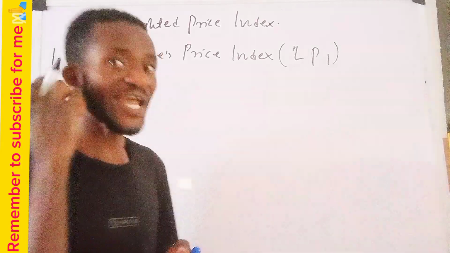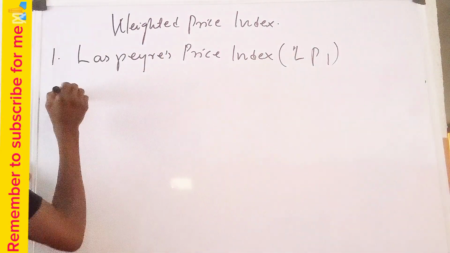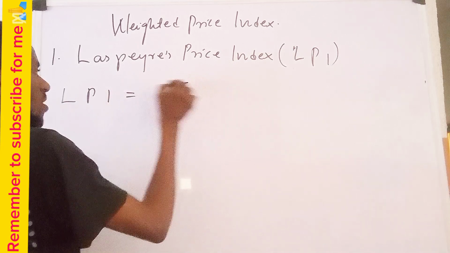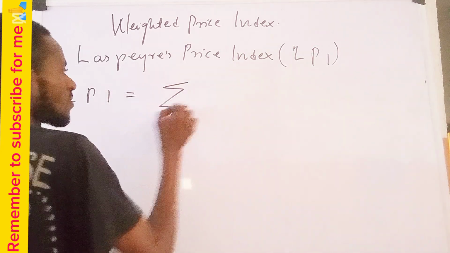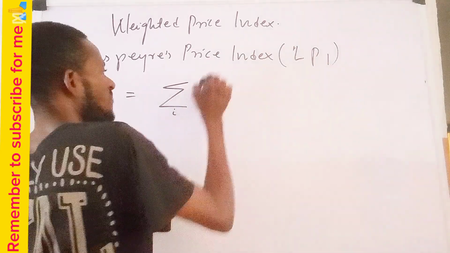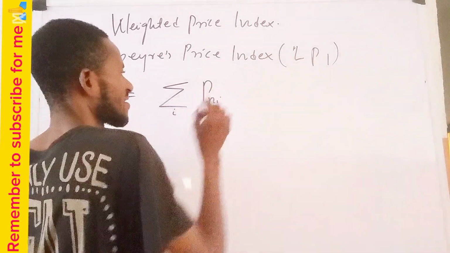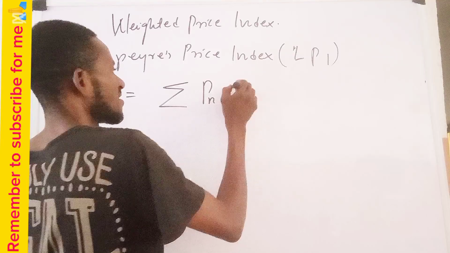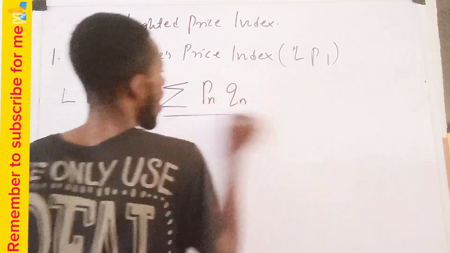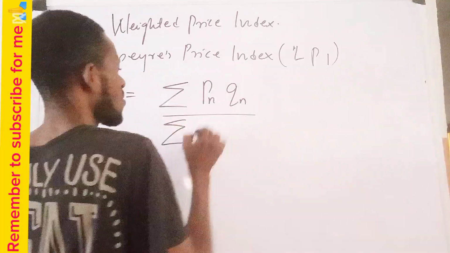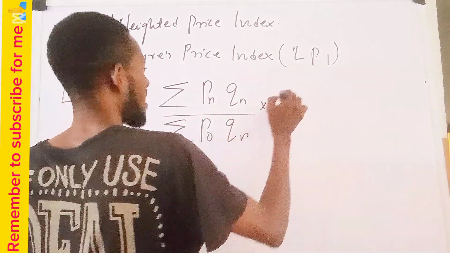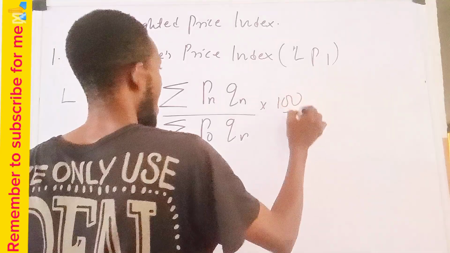That is to say that the LPI is given as sum over i of P of n, Q of 0, all over sum of P of 0, Q of 0, multiplied by 100 over 1.